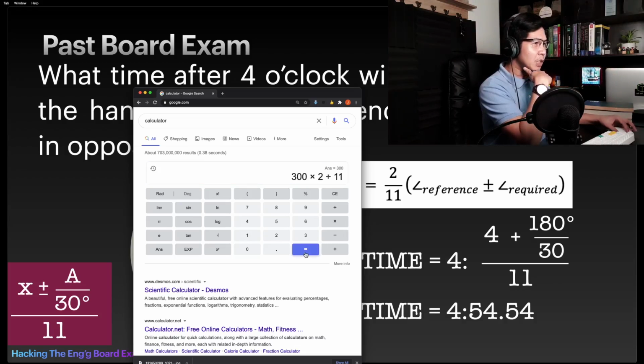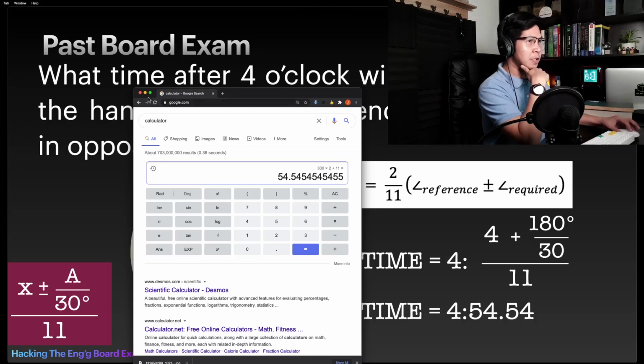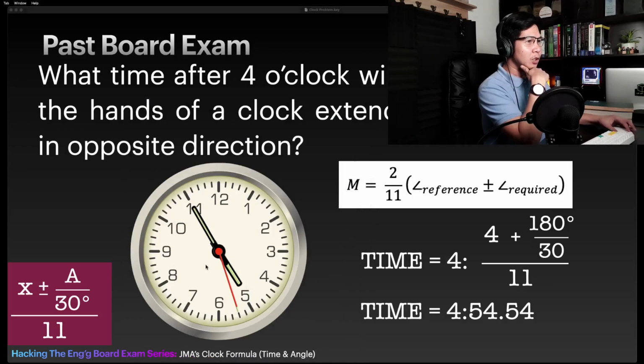So, kapag kinuha mo, the value is 54.54. So, using the formula of Engineer Padilla, yung condition na yung minute hand is opposite the hour hand will occur at 4:54.54.